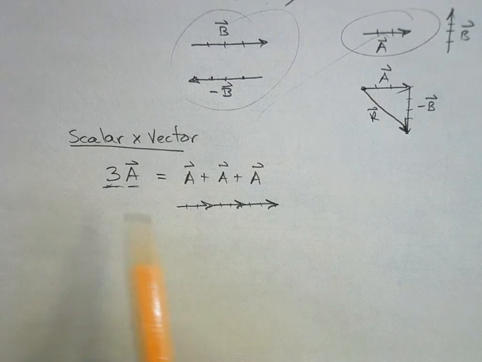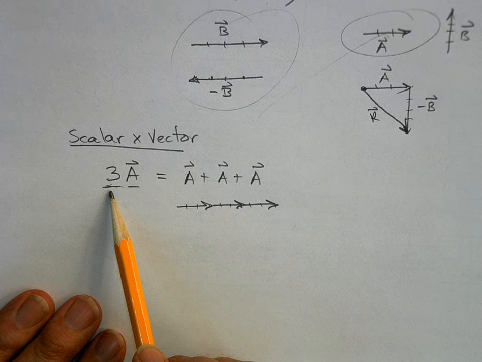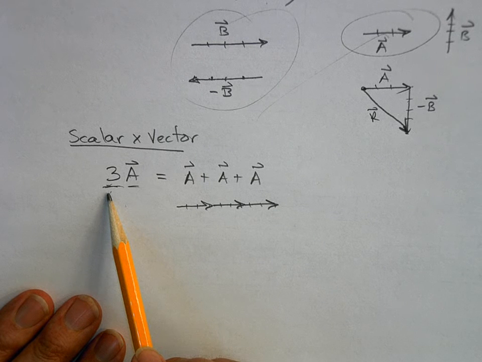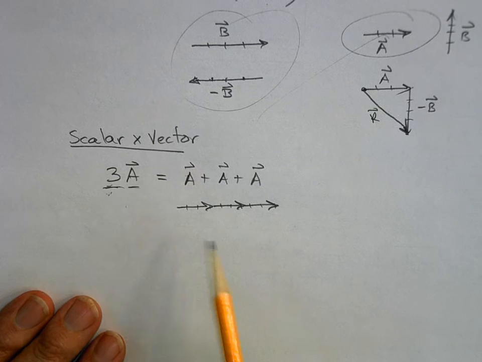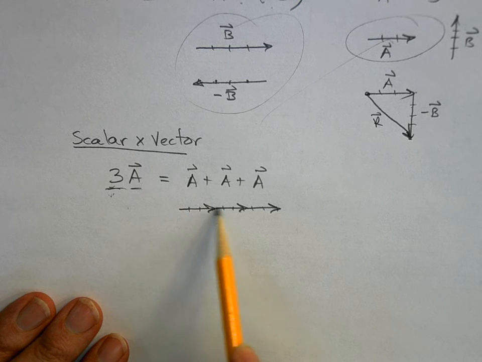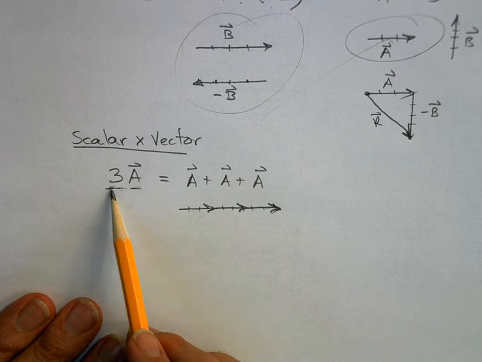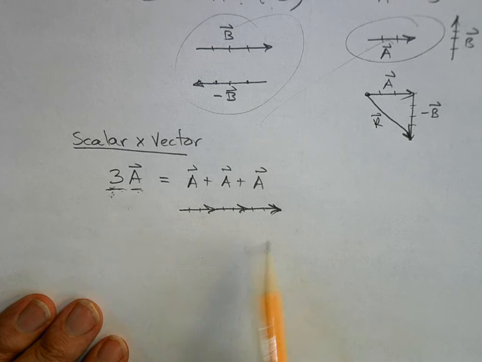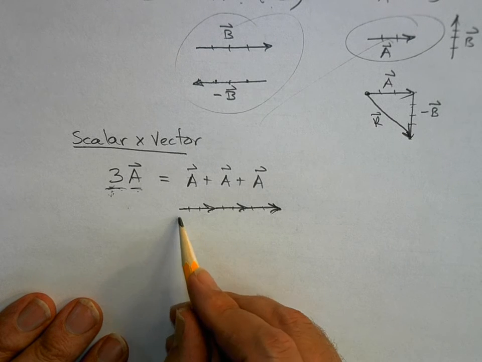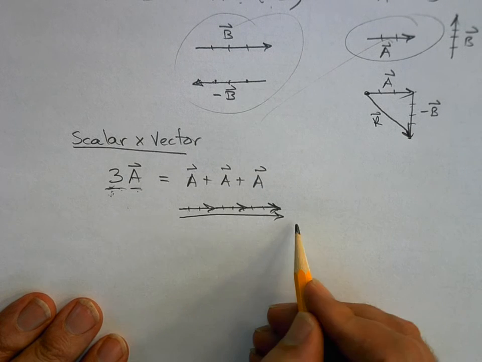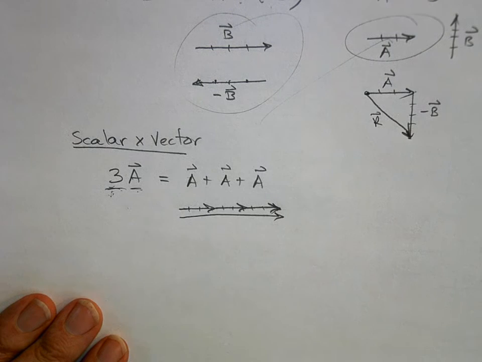So when I multiply the vector by a scalar, like this, all I'm doing is changing the length of the vector. I'm multiplying the magnitude of the vector by this, so here's my answer, right? 9. But I'm not changing the direction. Okay?